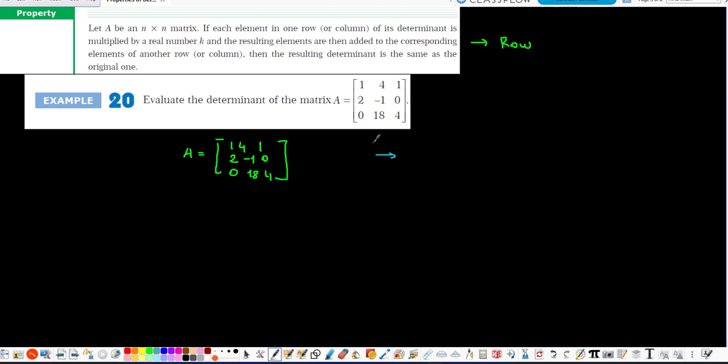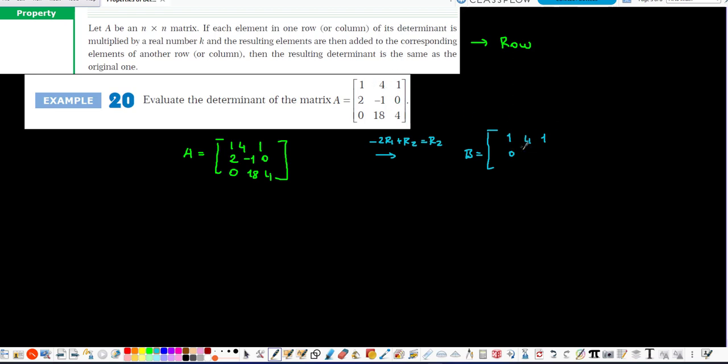Firstly, minus 2 times R1 plus R2 is going to be equal to the new R2. This is the row operation, and this matrix is going to be the B matrix. The first row is not going to change: 1, 4, 1.